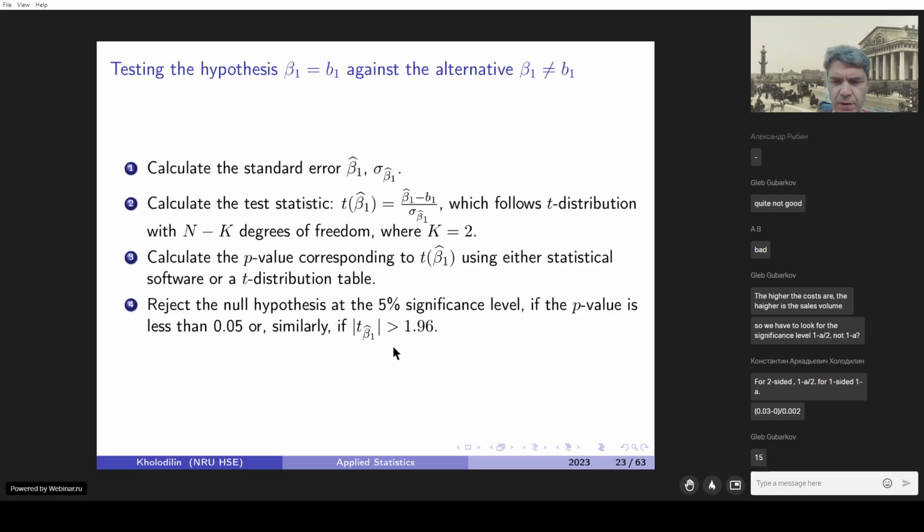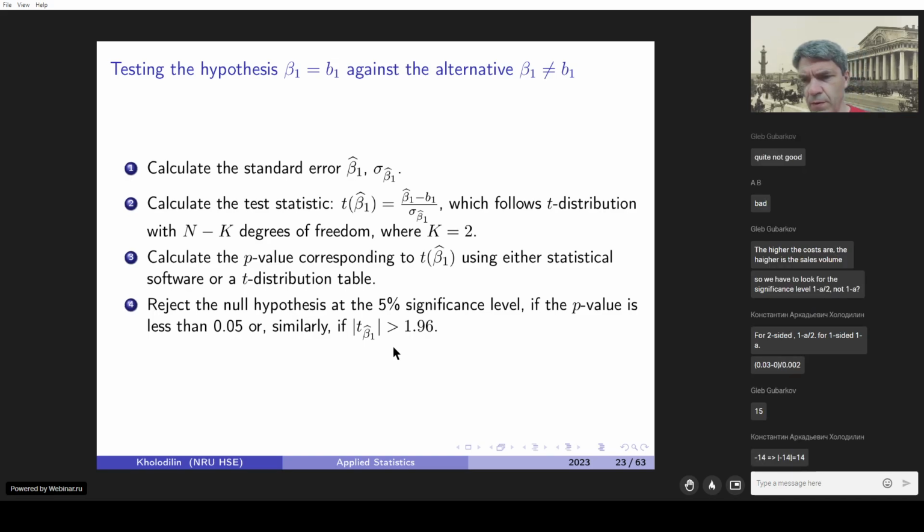So if, for example, the test statistic would be minus 14, then we'll have to take the absolute value of minus 14, which is equal to 14. So if the value is positive, we work with this value. If it's negative, we take the absolute value of it. So here the coefficient is positive, so the test statistic here is positive too.